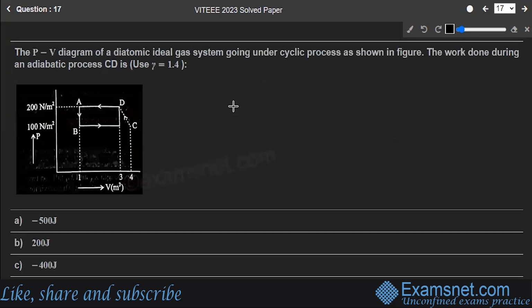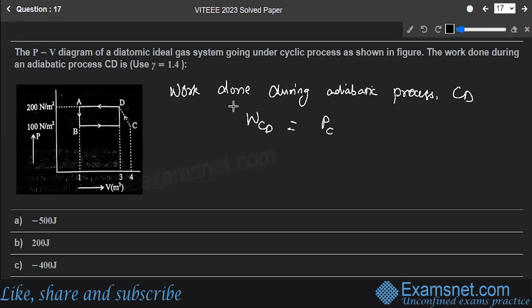Next is question number 17. The PV diagram of the diatomic ideal gas system going under cyclic process is as shown in the figure. The work done during the adiabatic process CD is, okay, so work done during adiabatic process CD is given by PC VC minus PD VD upon gamma minus 1.